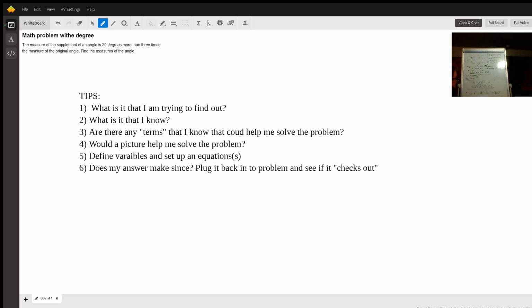Okay, I'm running out of room, so I'm going to write it right here. So basically, all we need to do is 180 degrees minus our angle 1, and that's 40 degrees equals angle 2. So, and when we do that, what do we get?